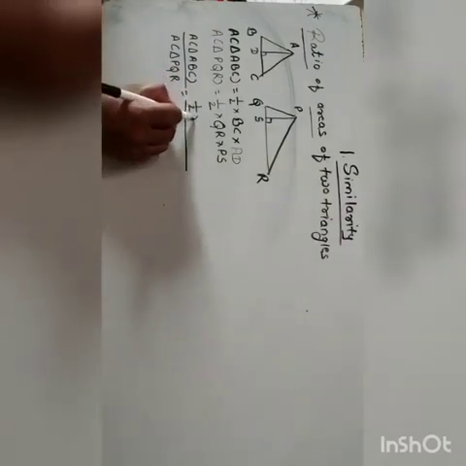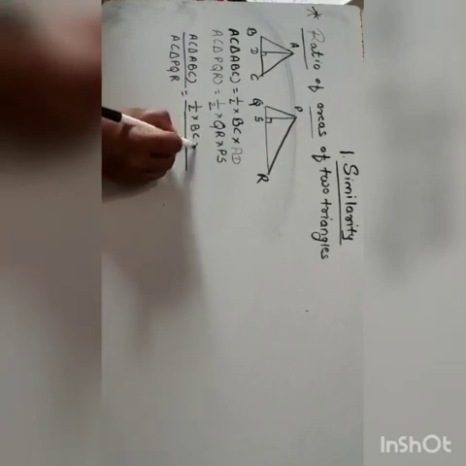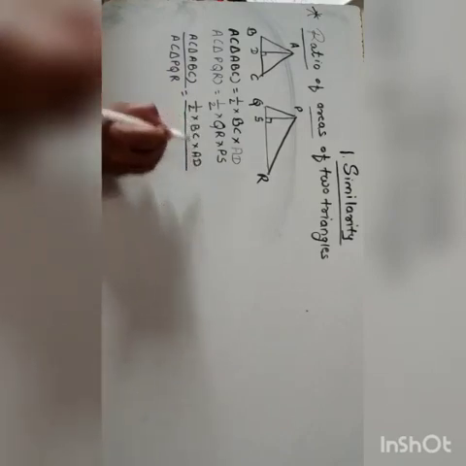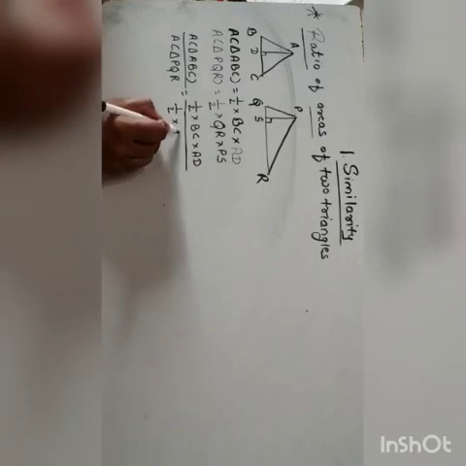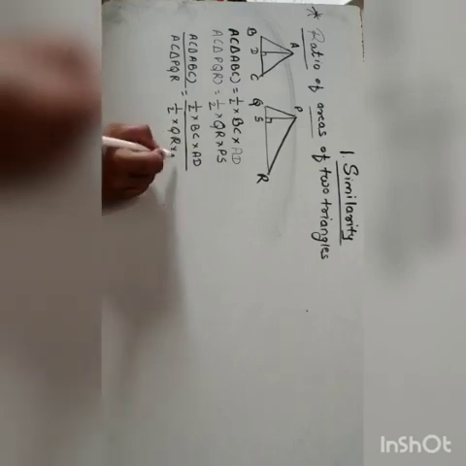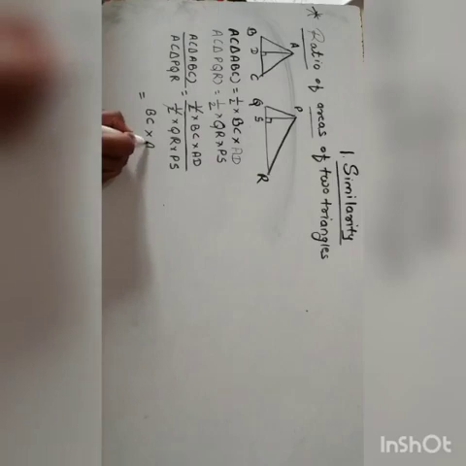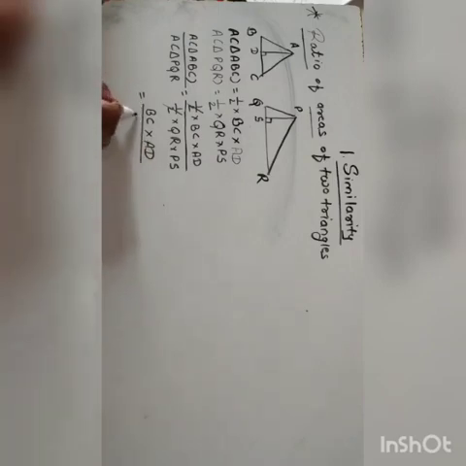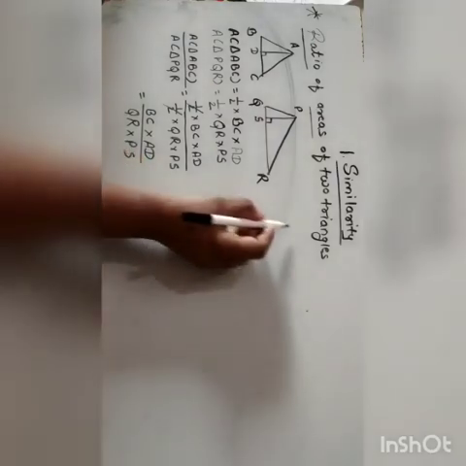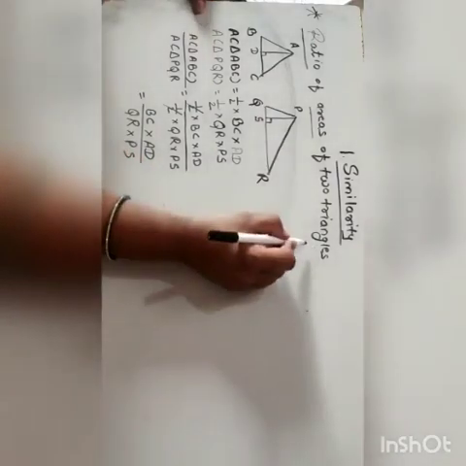So 1/2 into BC into AD upon 1/2 into QR into PS. So 1/2 gets cancelled with 1/2. What is left here? BC into AD upon QR into PS.